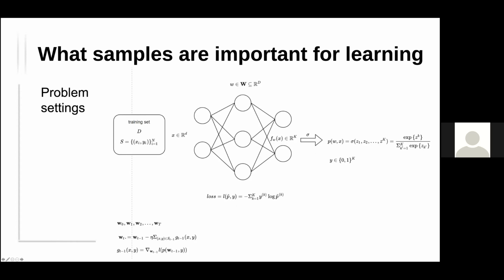And we denote the weight change as a sequence from W0 to WT. These weights are all the weights in the model, right? W1 is the weights one epoch after W0.